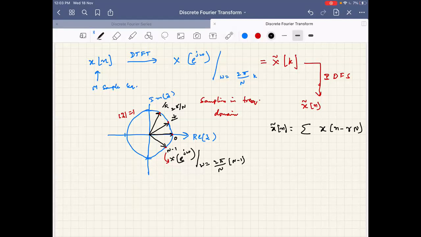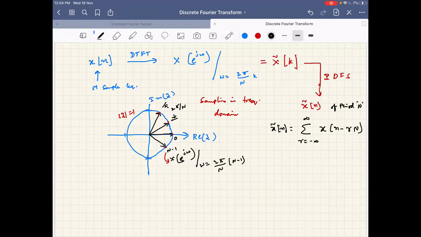So this x tilde of n is of period capital N. It keeps repeating at capital N period since there are n samples, and r is from minus infinity to infinity.